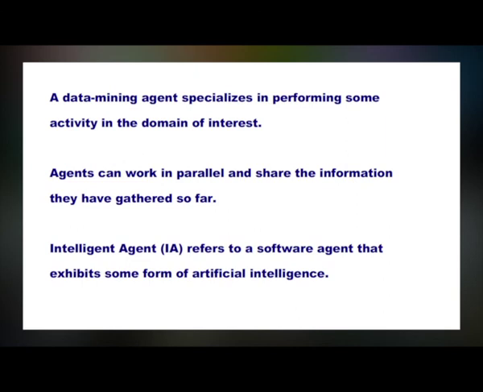IA in general, called as the intelligent agent, refers to a software agent that exhibits some form of artificial intelligence. And according to Ulrich, intelligent agents are defined as agents capable of flexible autonomous action to meet their design objectives. There are several design objectives. Let us see the first one, that is reactivity.